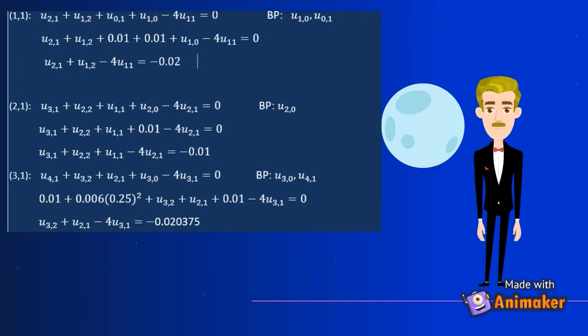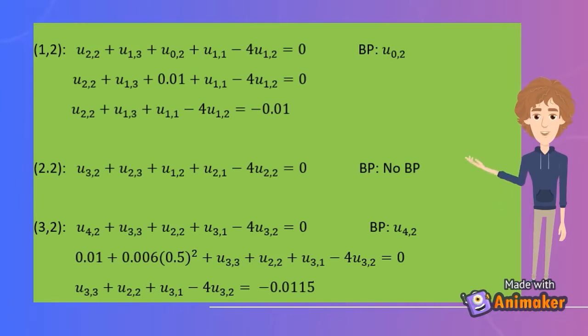For the rest of the nodes, you just need to repeat the same steps as you did for node (1,1), which is to replace the values of i and j, find the boundary points for that node, and then substitute again.